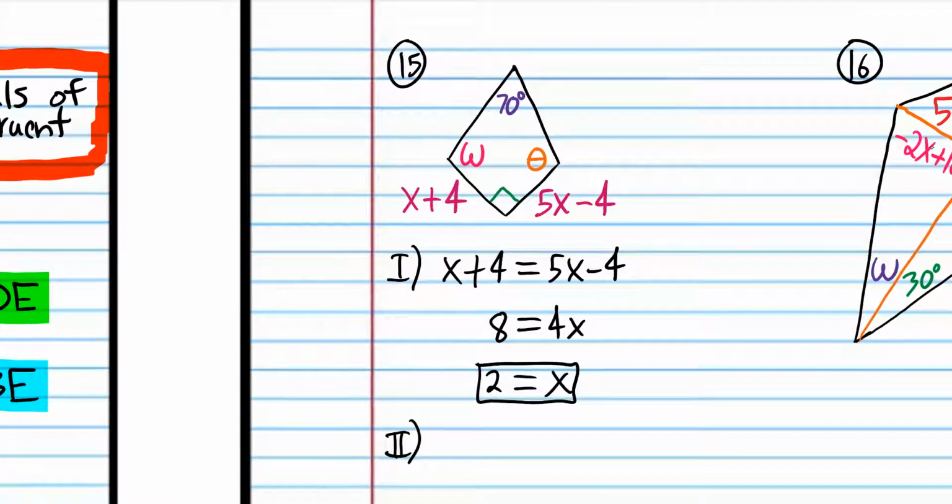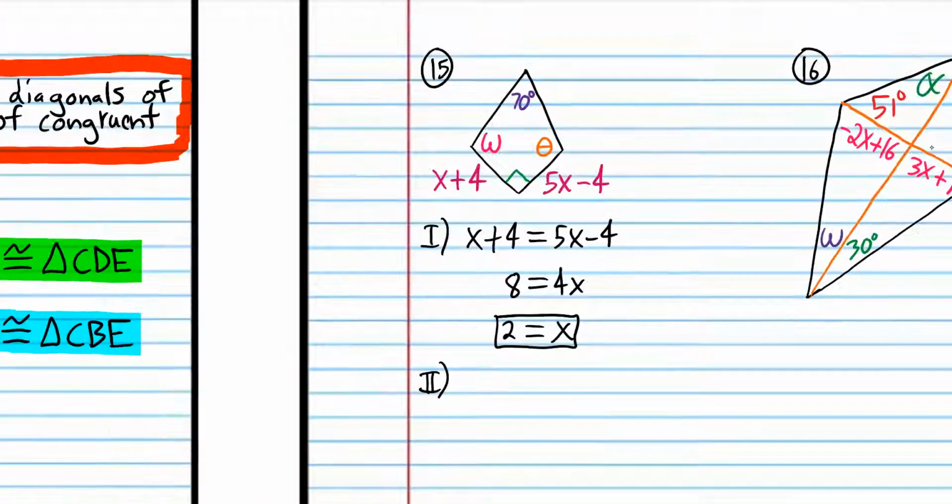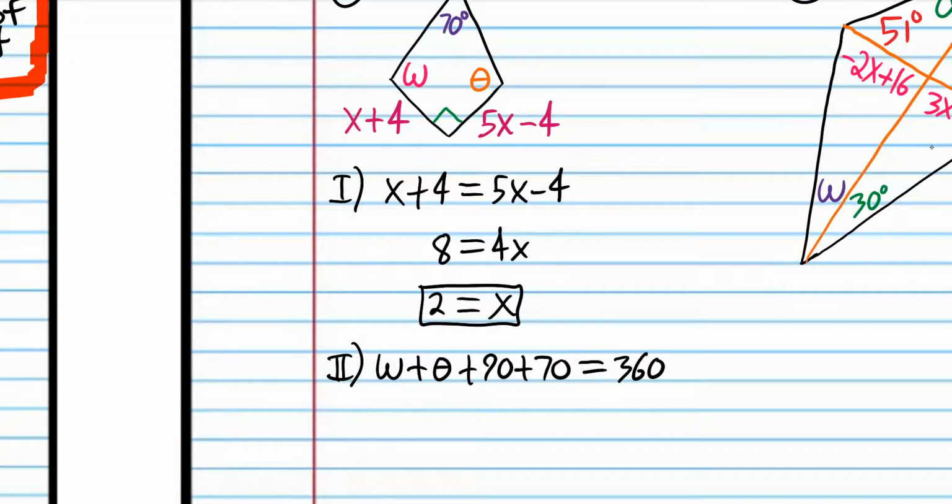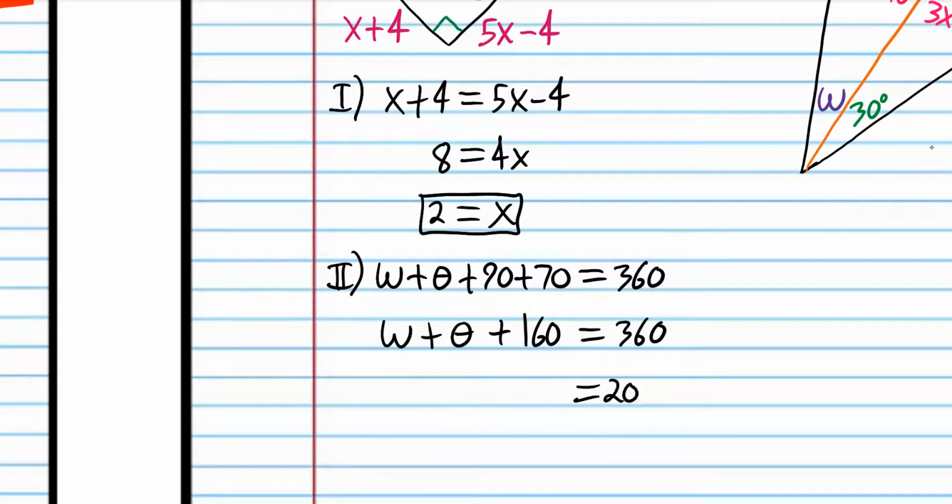And opposite, these angles are congruent, but we don't know what they are. So we're going to have to use the principle that the sum of the angles is equal to 360. So omega plus theta plus 90 plus 70 is equal to 360. And we do know that omega and theta are equal. But anyway, we'll get to that later on. So 160, you add those up. Omega plus theta. Subtract 160 from both sides, we get 200 is equal to the sum of omega and theta.